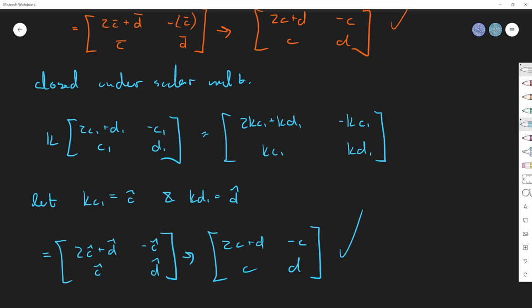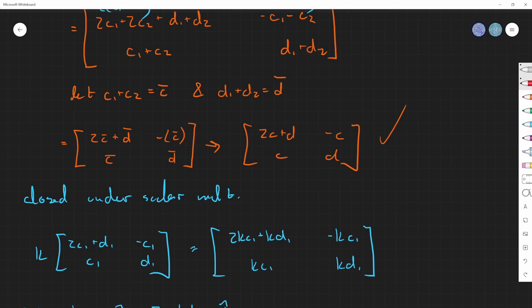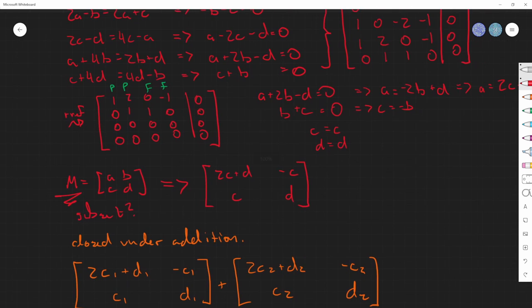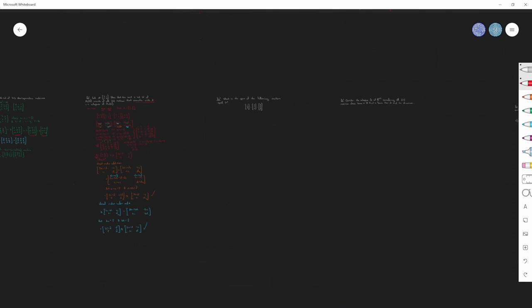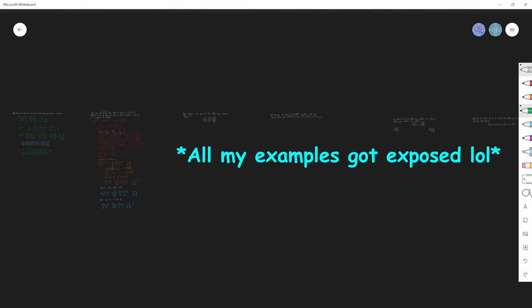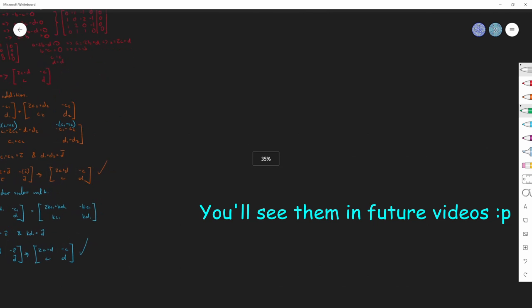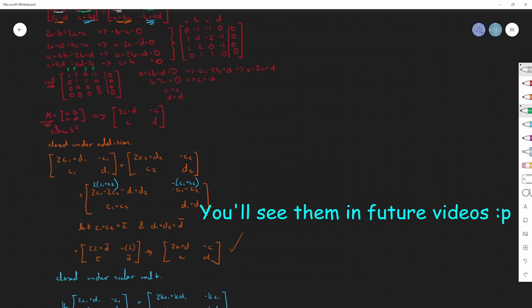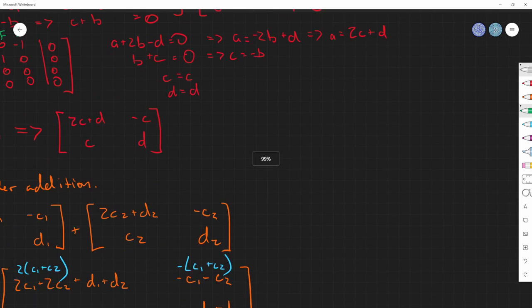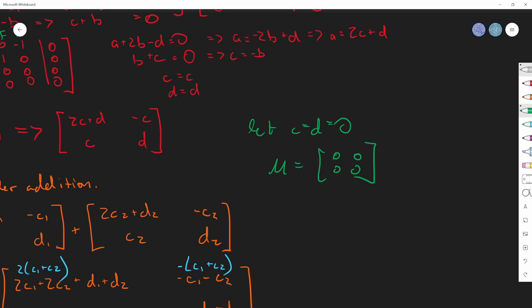And now we have to check if zero is in it, which is the last one and the easiest one. All we have to do is let C and D equal 0. So let C equal D equal 0, and our M is just going to be the zero matrix.